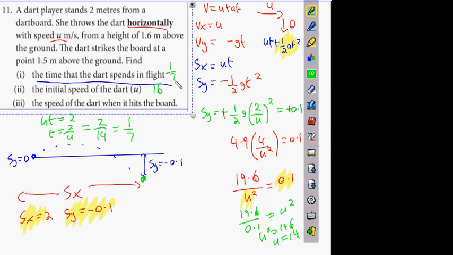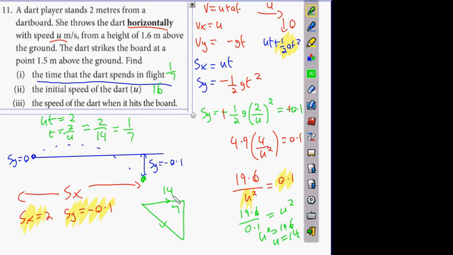The speed of the dart when it hits the board. Now, guys, what does speed mean in particular as opposed to velocity? Velocity means how far along i you are going and how fast along j you are going. Speed means the hypotenuse of that. What we know is that u never changes along the x-axis, so this u value of 14 is still the same as it hits the board.